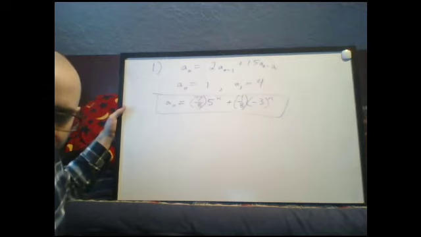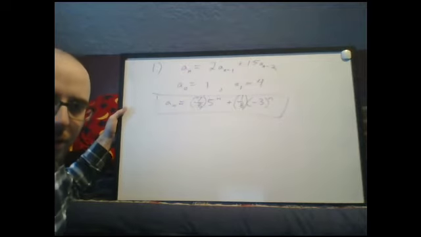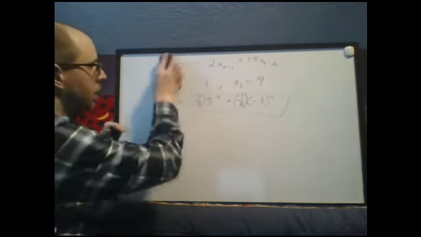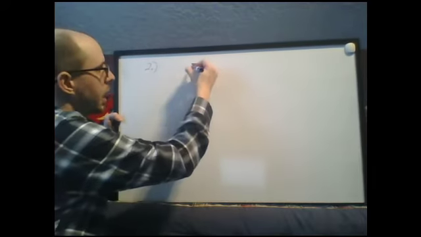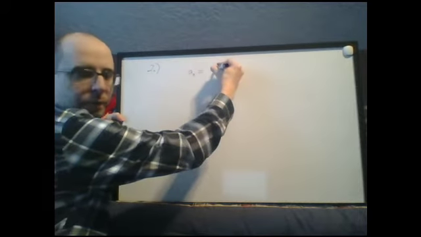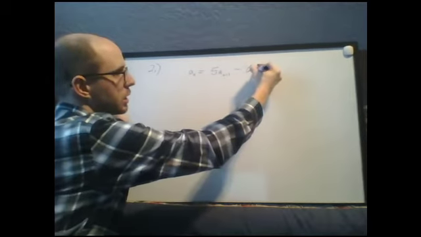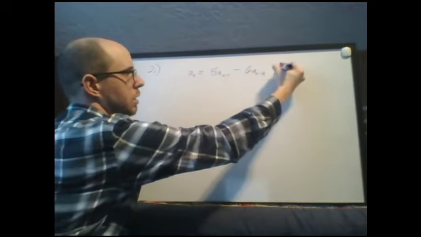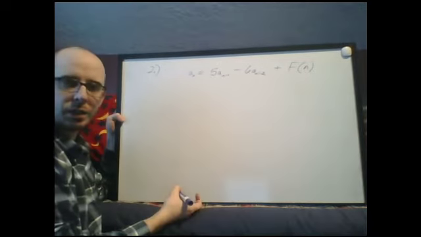All right, so then we've got a non-homogeneous problem. Consider the non-homogeneous recurrence relation a_n equals 5a_{n-1} minus 6a_{n-2} plus some function f(n).